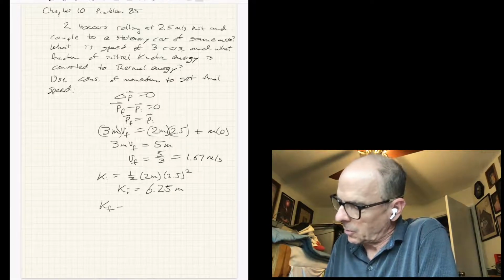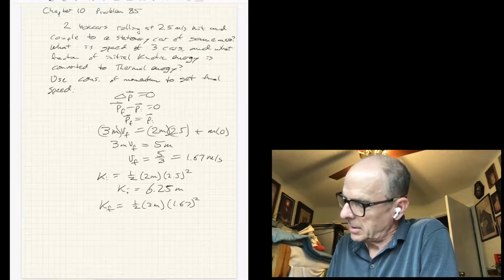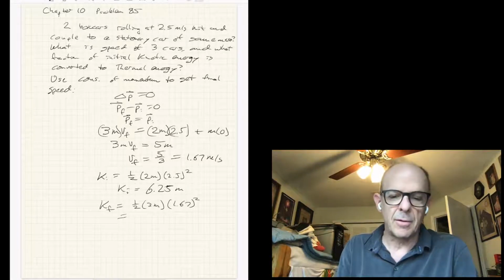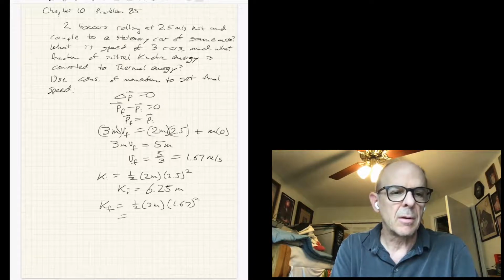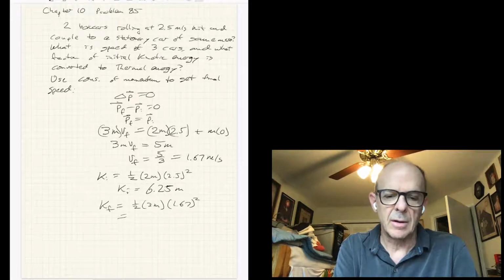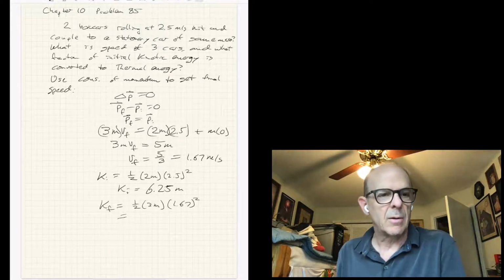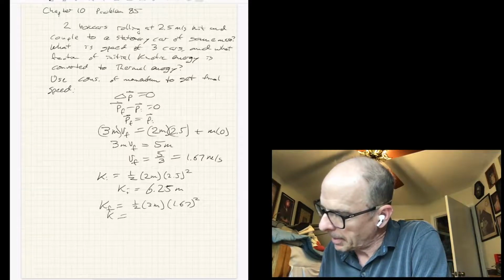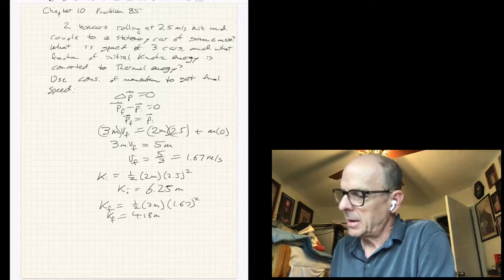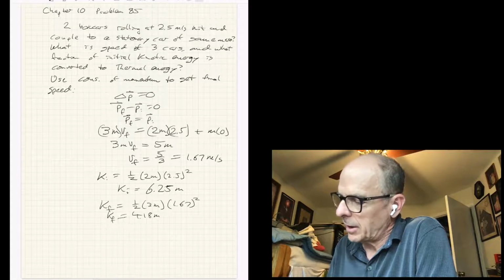K final is 1/2 times the mass of the 3 cars stuck together times 1.67 squared. So that's equal to 0.5 times 3 times 1.67 squared, which is 4.18 times m. And the question asks, what fraction of the initial kinetic energy is converted to thermal energy?